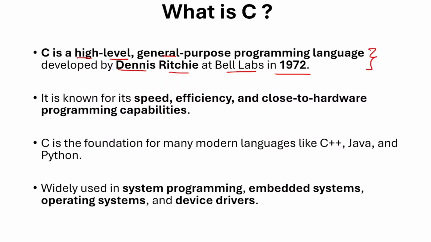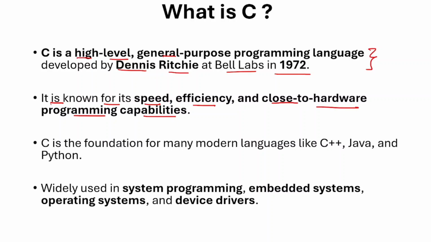In the same way, by using C you can write low level register configurations in embedded boards. So it is used for both high level and low level programming. So somebody may call it a middle level language also. That's also true. You can call it a high level or middle level language. And one more thing, it is known for its speed, efficiency and close to hardware programming capabilities.